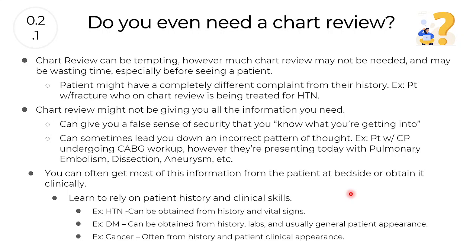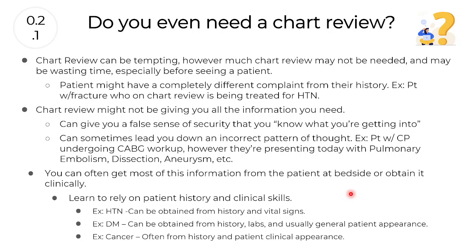In fact, I've also noticed that we can get a lot of information about the patient at bedside or obtain it clinically. Most patients will already tell you if they have hypertension. You can also look at their vital signs, their lifestyle. Diabetes can also be obtained from history, a lot of it from their labs, and just generally the patient's lifestyle, appearance, and whatever they tell you as well. We always notice if patients are cachectic or look emaciated, and these are things that help us gather information about patients.